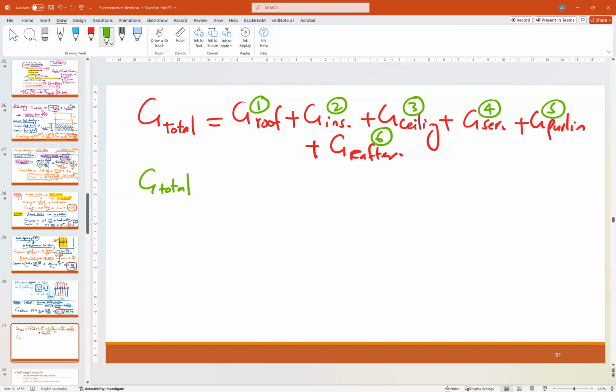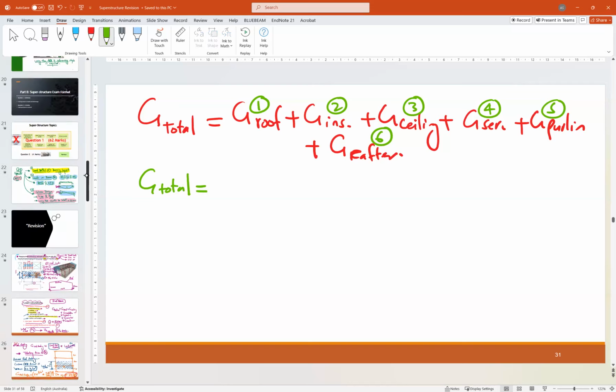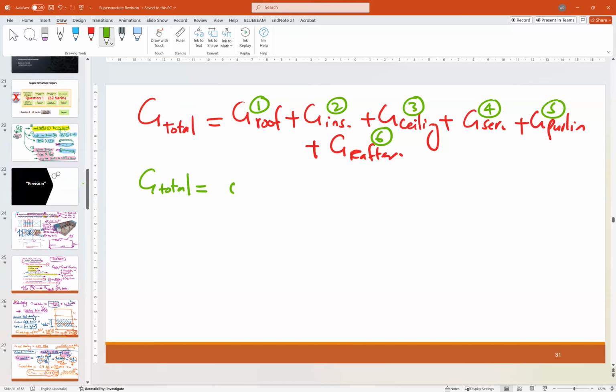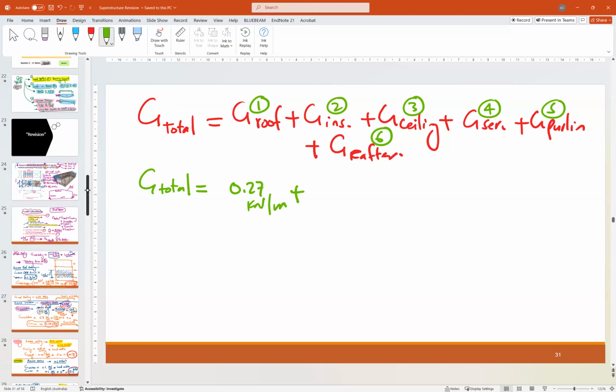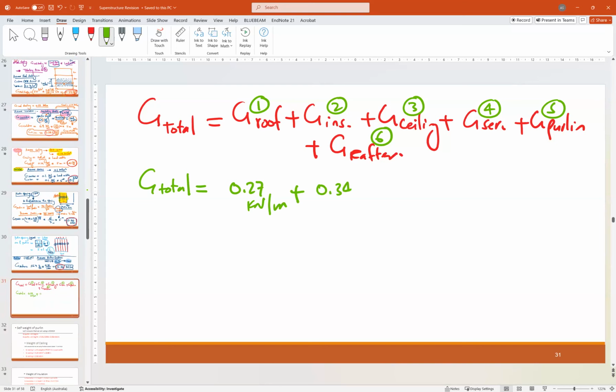So G total equals: the value for the first one is 0.27 kilonewton per meter. G insulation is 0.345 kilonewton per meter, plus for the ceiling 1.45 kilonewton per meter, plus for the surfaces 0.5 kilonewton per meter. For the purlins, it is 0.302 kilonewton per meter.